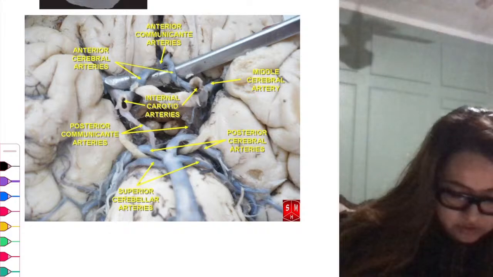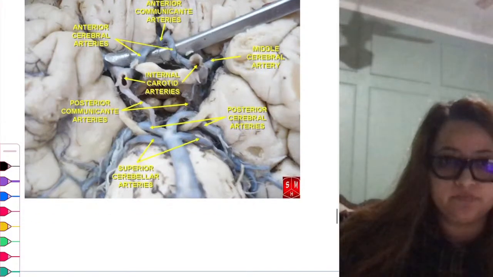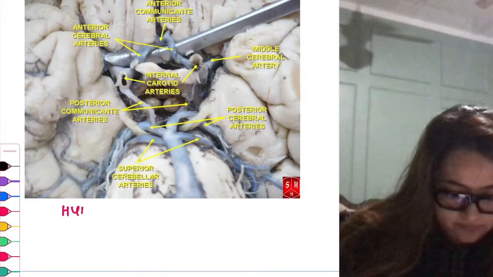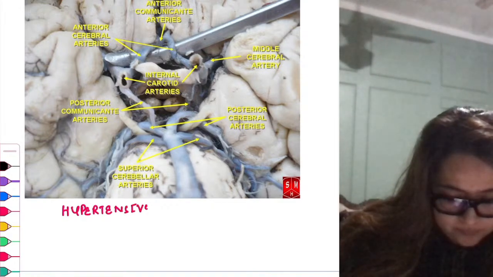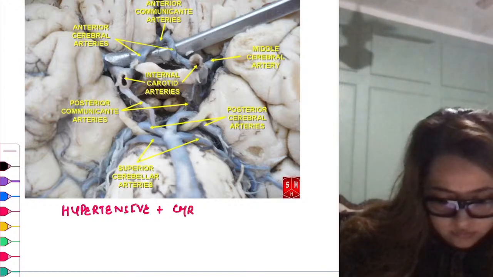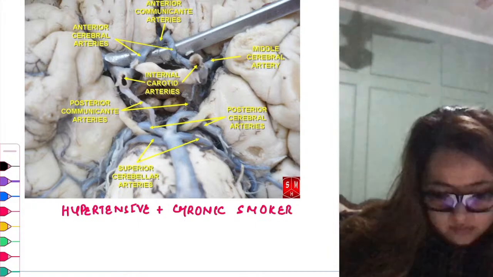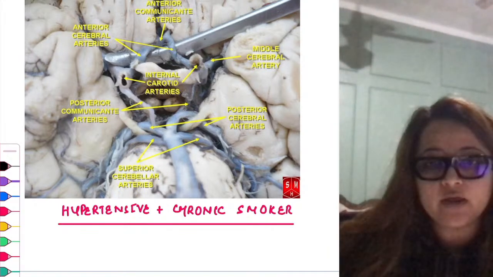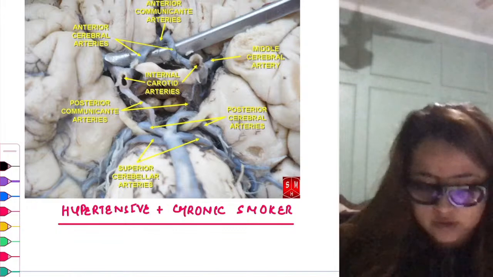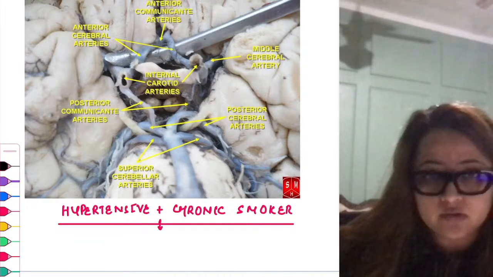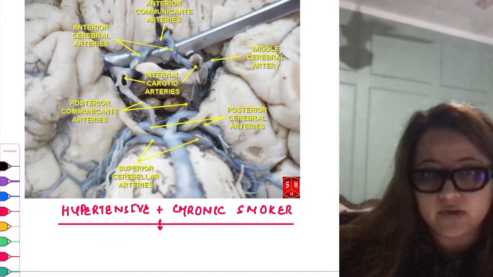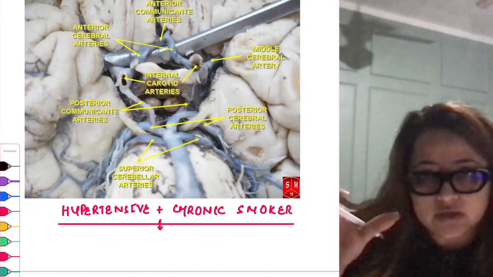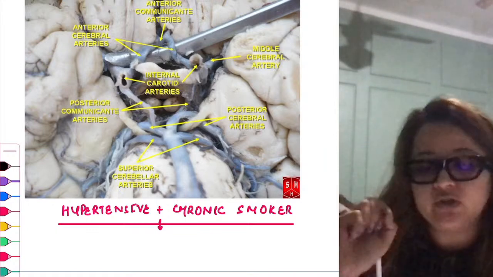The kind of patient you could be given in the question is a hypertensive patient who has been a chronic smoker. He developed an aneurysm which ultimately ruptured because the blood pressure was very high, and there was leakage of blood.